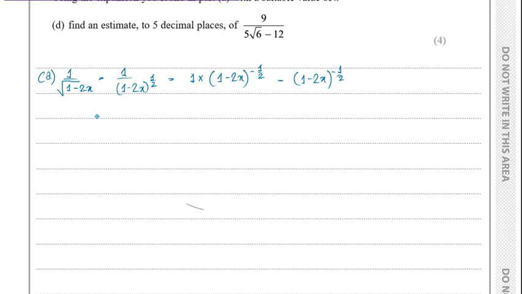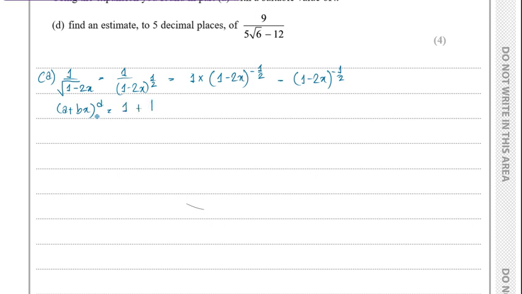This is actually in the form of a plus bx to the power d, where a is equal to 1, b is equal to minus 2, and d is equal to minus half. Since a is equal to 1, we can use this format of expansion.